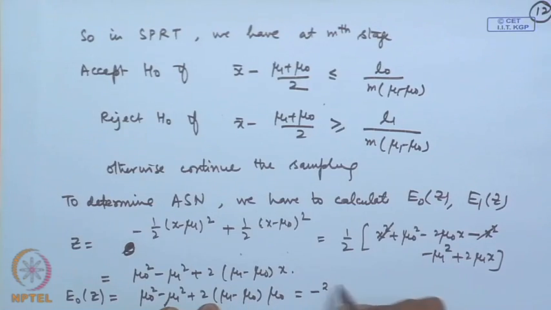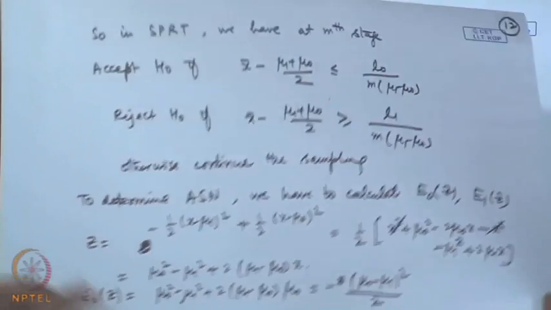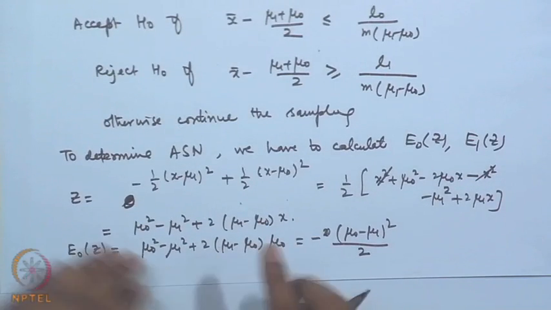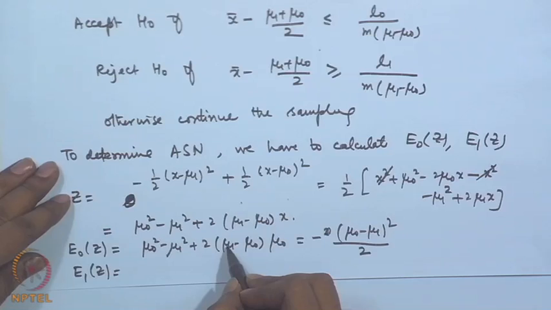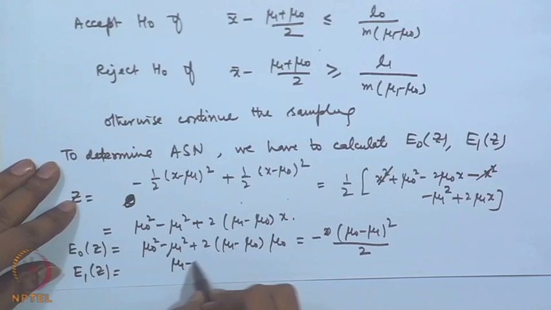So, it will become minus mu naught minus mu 1 square by 2. And in a similar way, if I take mu 1 here, then this will become mu 1 minus mu naught square by 2. Okay.